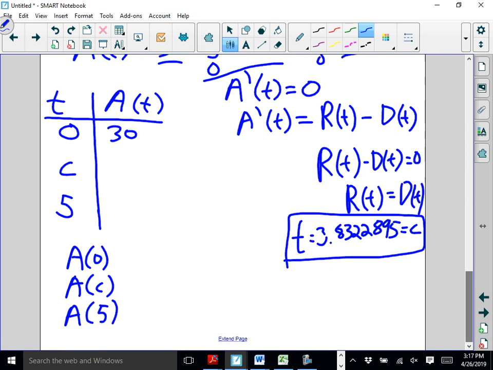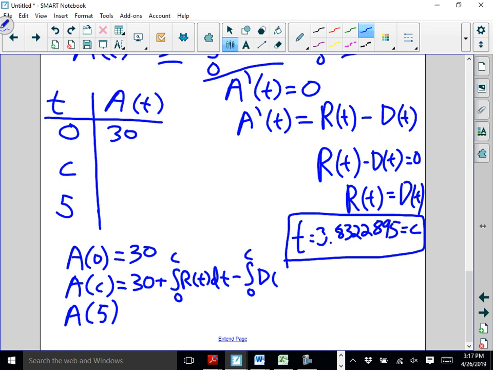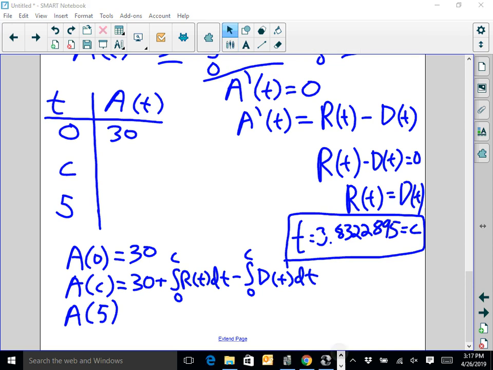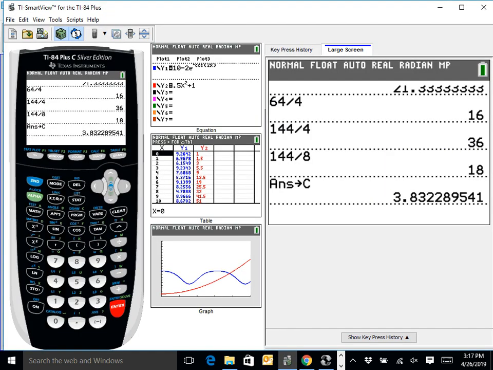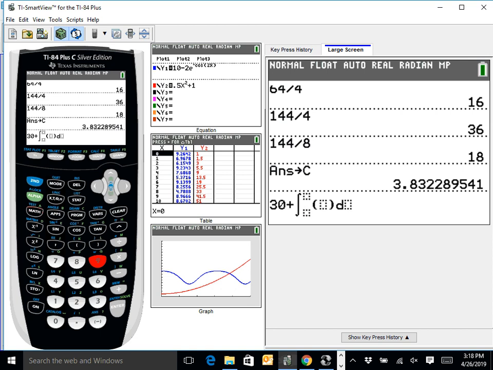A of C would be 30 plus the integral from 0 to C of r of t dt minus the integral from 0 to c of d of t dt. So I'll go to my calculator and figure that out. I'm going to do 30 plus math 9 integral 0 to c. And again, c only works if you store c in your calculator.